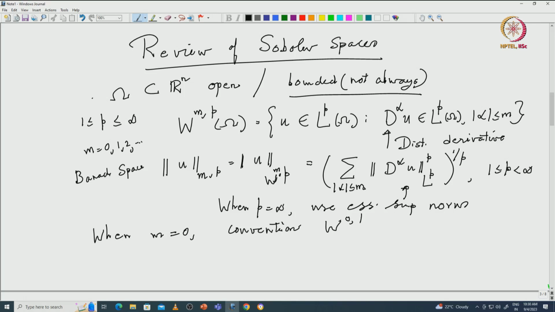Most of the time we will use the case when p equals 2. The notation here is that W^{m,2} is denoted by H^m(Omega), and these are Hilbert spaces.